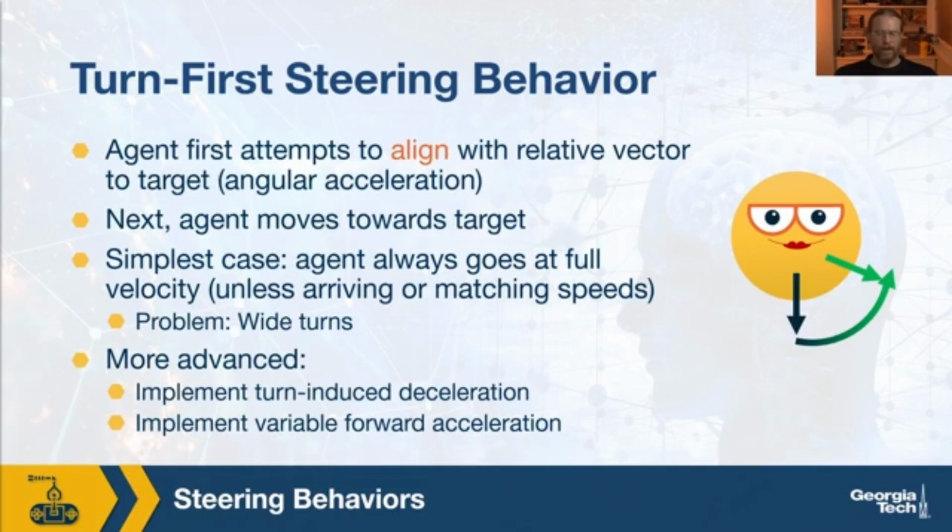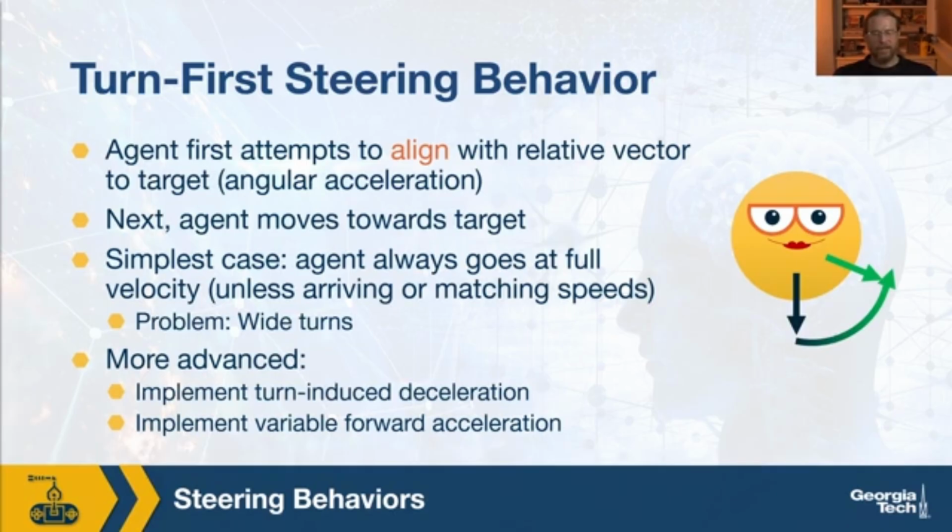And then decelerate as it arrives at the final correct facing. Now, during the course of this rotation, which will probably take multiple frames, especially if the target is significantly different than the current agent's facing direction, it'll accelerate over multiple frames and get to facing the right way.